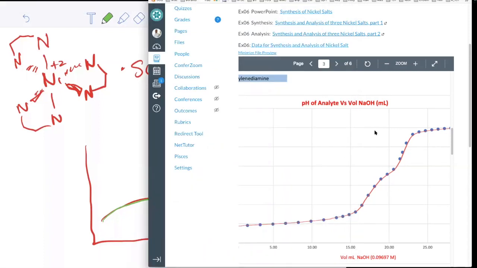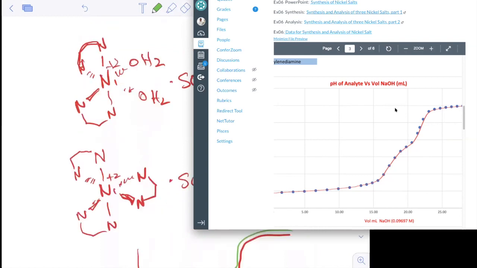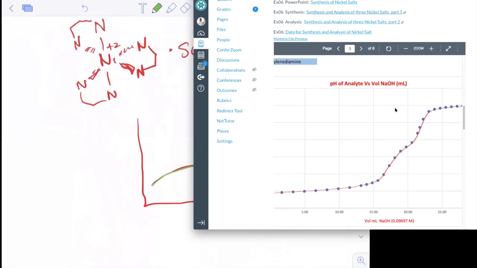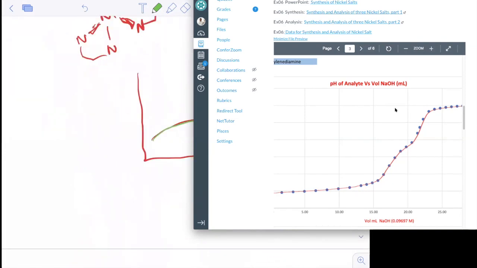But remember that, let me try and describe to you again what you did in the synthesis of ethylene diamine. Okay, let's take one of these salts. Let's take this one, for example. Okay, so let me walk you through this particular procedure.